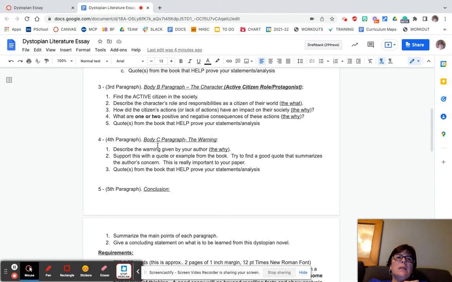No, but we can't say we don't see some of those elements, especially in other countries. So you're going to support with quotes or examples from the book. Try to find a good quote that summarizes the author's concern. This is really important.